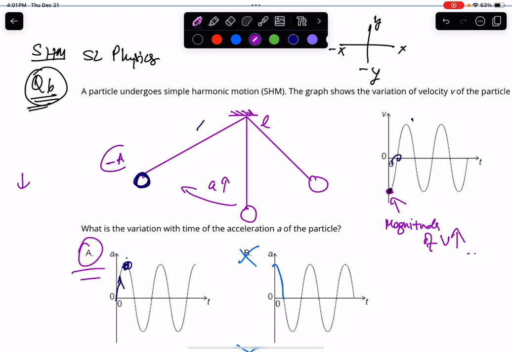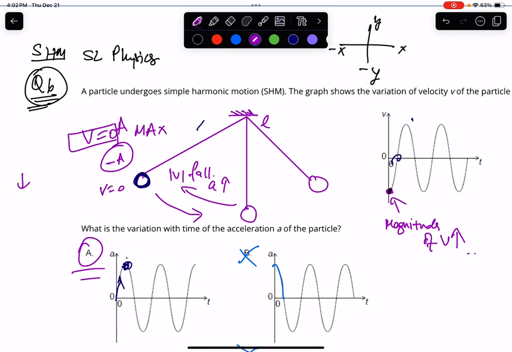At this negative amplitude, the acceleration is maximum and the velocity is 0. Okay? So the acceleration is rising and the magnitude of the velocity is falling because at our maximum amplitude, velocity must be 0. Okay? Now, after this, the pendulum starts to move back. And what you begin to see, right, is that once the velocity is 0 and the pendulum moves back, then, once it's moving back to the equilibrium position, the velocity is rising and the acceleration is falling.